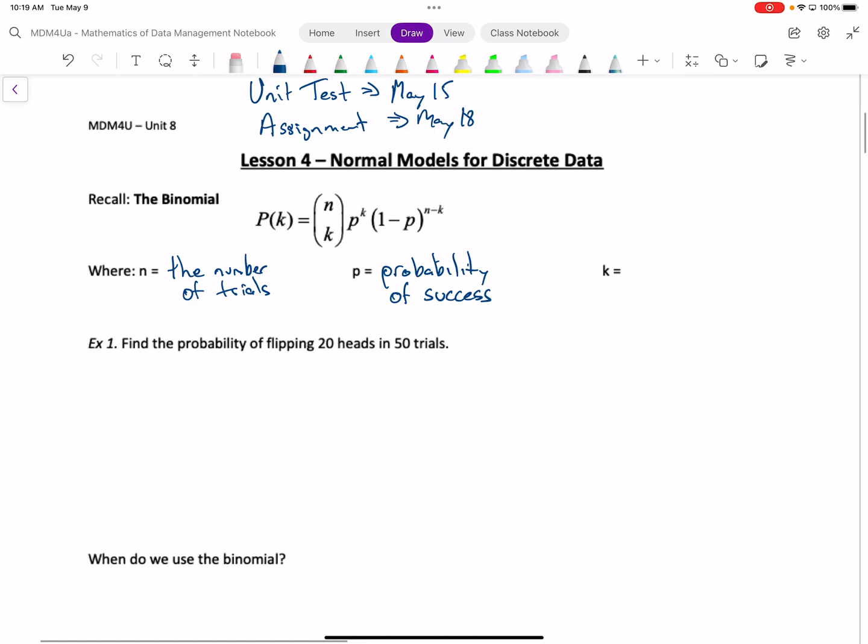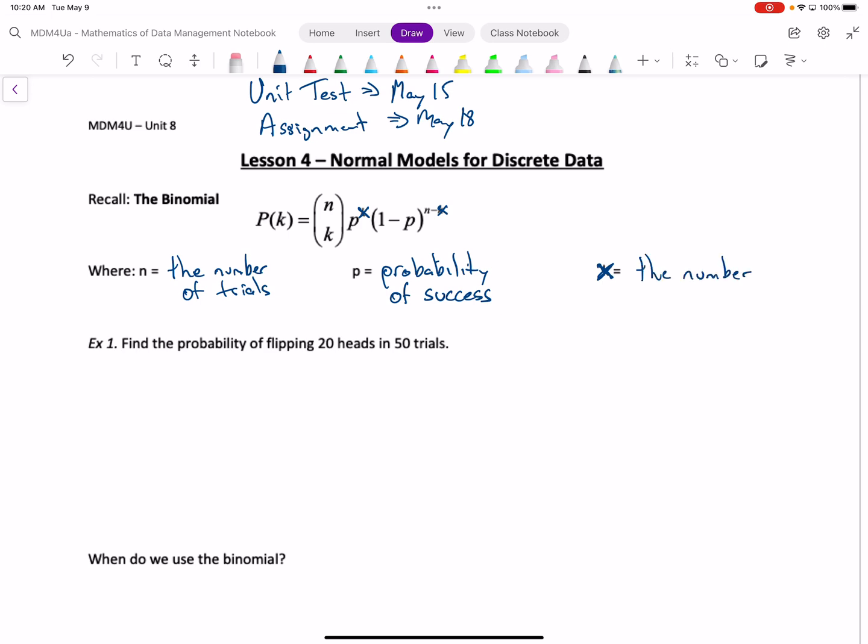And I'm going to change this k to an x, because we called it x before. I put in k because the textbook does it, but it's the number of successes. So if I flip a coin 20 times and I want 10 heads, x would be 10.